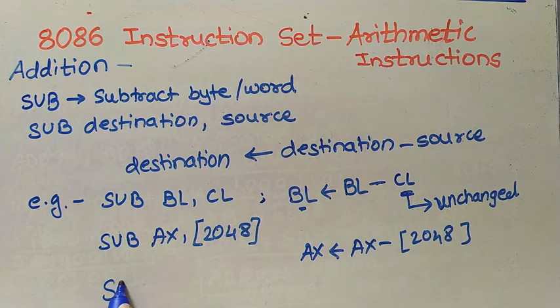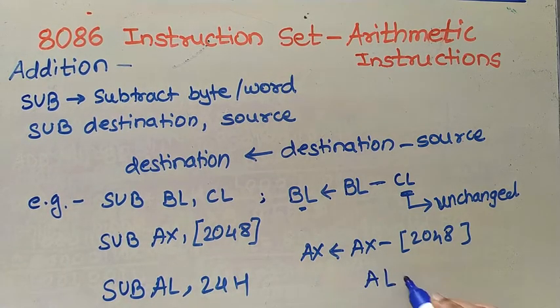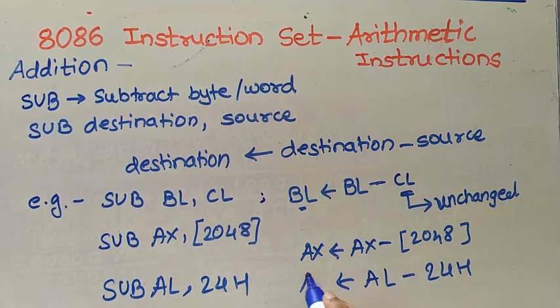One more example, SUB AL, 24H. This is the immediate number. So 24H is subtracted from AL and the result is stored back into the AL register. So this is the SUB instruction.